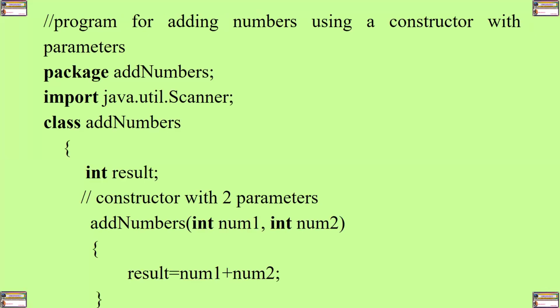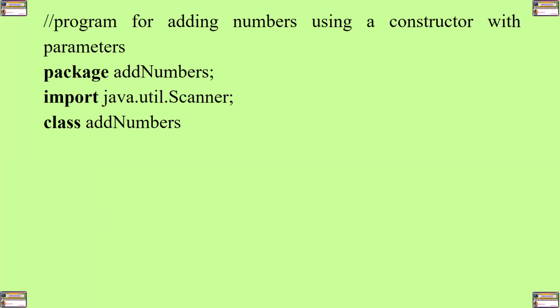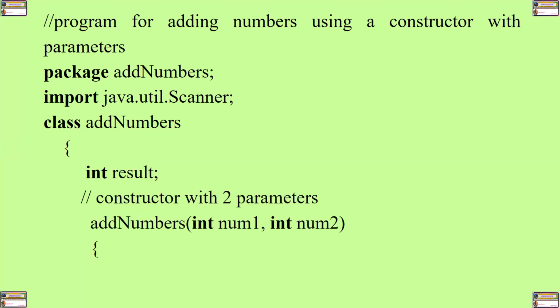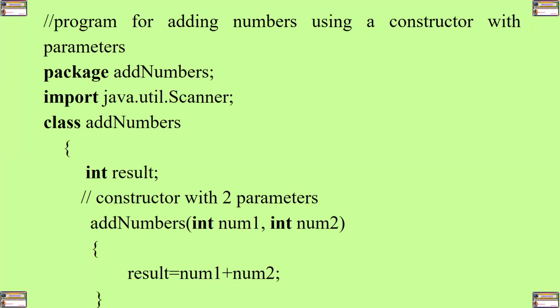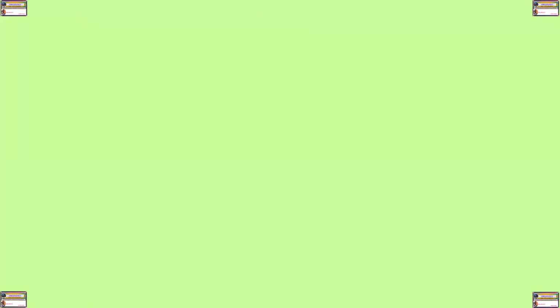So the constructor here is simply receiving two values, adding the two values, and assigning the result or the total in the data member, or if you want, you can say local variable, called result. So the result is stored there.